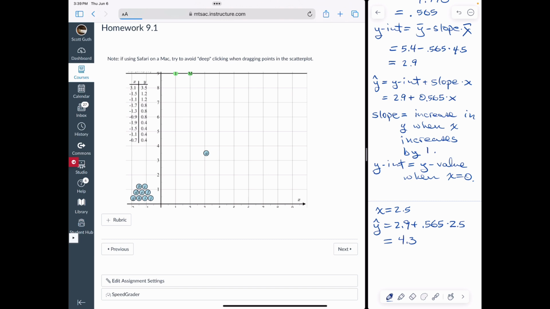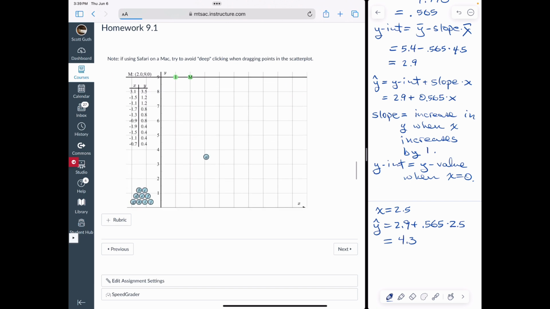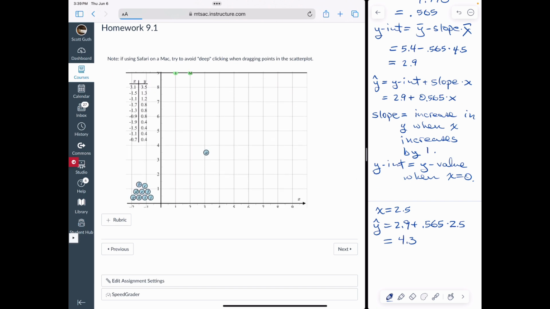Anyway, that's 3.1, 3.5. If you go up, the next point is 3.2, 4.9, so I'll grab that. Just get it in the ballpark. Again, you can see the second point now is this, 3.2, 4.9, something like that. Let me just tweak it a little with my finger, just a little fine tune. And there it is. Okay, 3.2, 4.9.